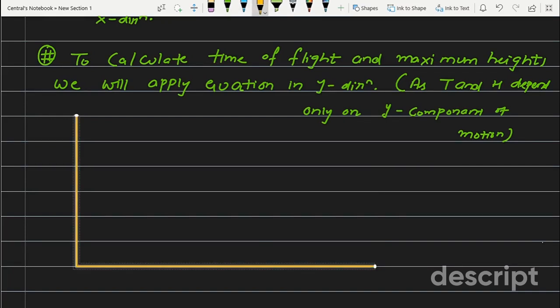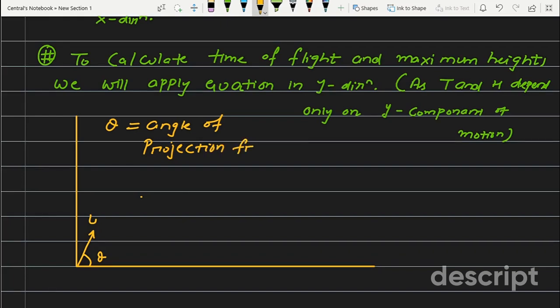Let the particle be thrown with some speed u at some angle theta. Keep in mind, theta is the angle of projection from the horizontal. So the path will be something like this.